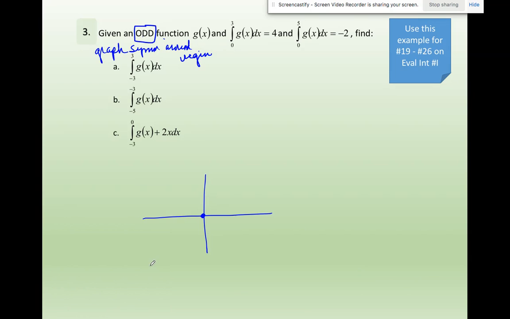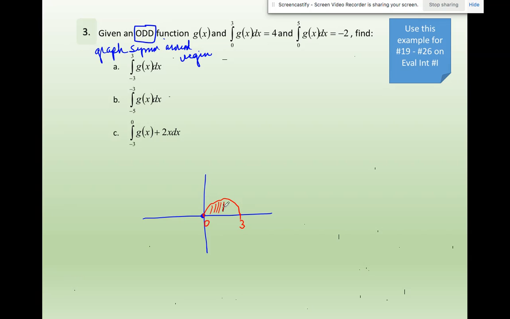Now, what information are they giving me? Going from 0 to 3, my integral is 4. What does that mean? I have some function, I don't know where it is, but let's pretend it looks something like that. Going from 0 to 3, what is the integral?